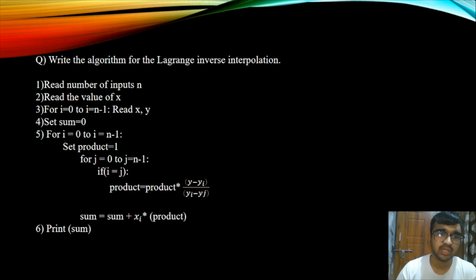In this way, outside this inner for loop, we increment our sum by xi times product. In this way we find our answer in the sum variable.